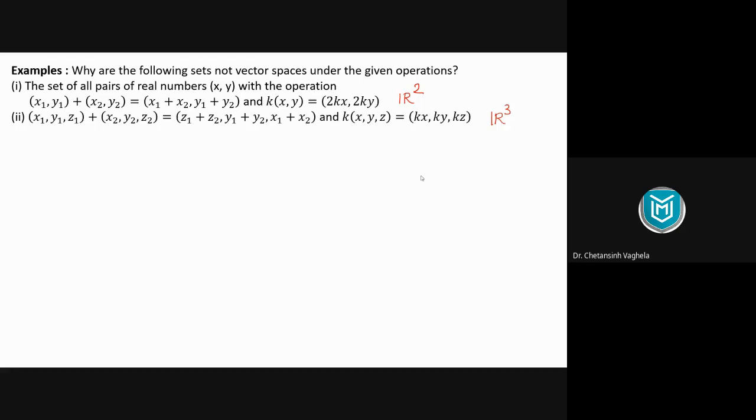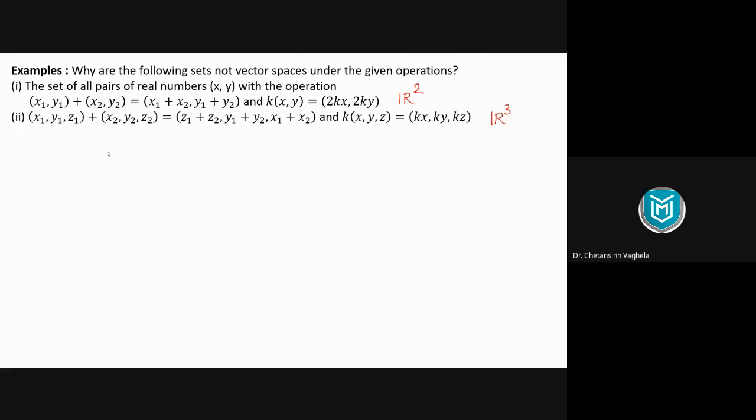So now in this example, can you tell me which of the 10 conditions seems like it will not be satisfied? Now try to think logically here. Your first operation is vector addition. Now it is your standard operation, and remember this thing, most of these standard operations always satisfy all the conditions of vector space.